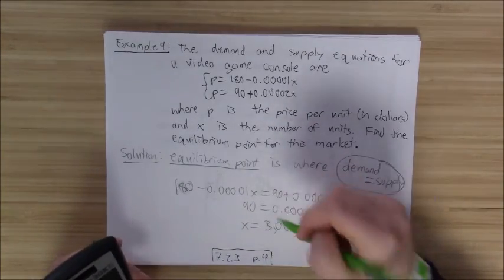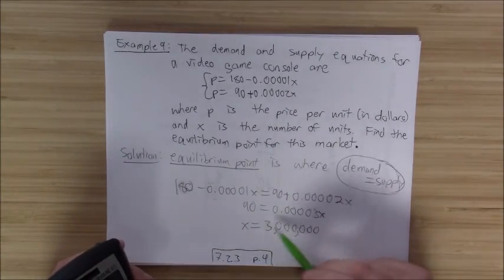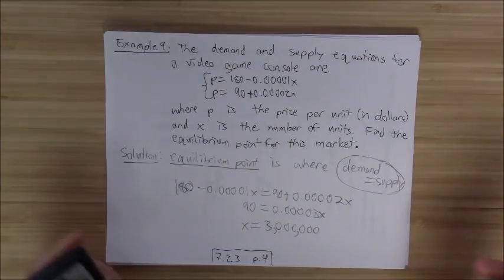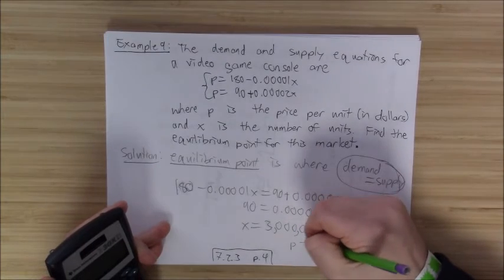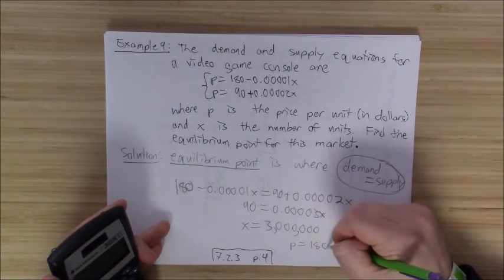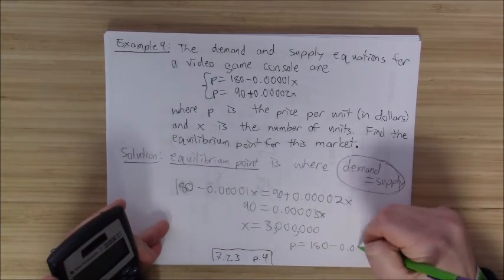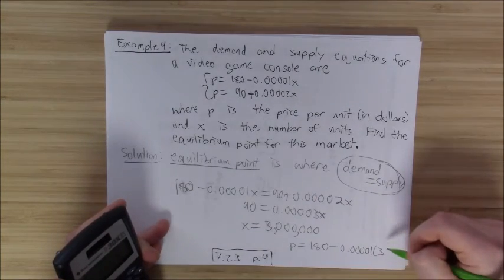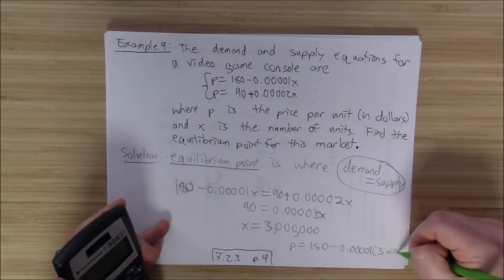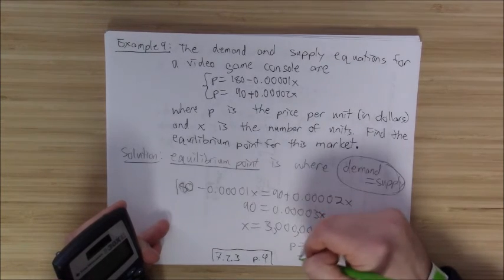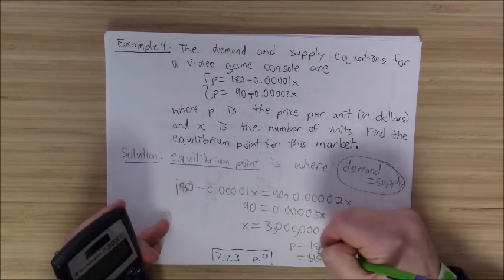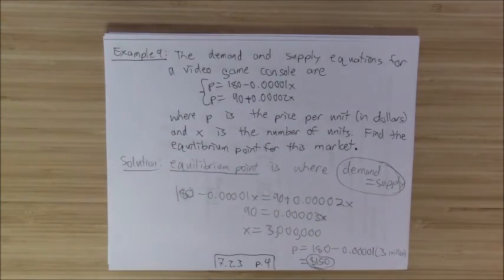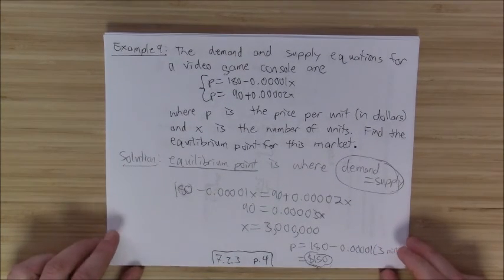Either way, what are numbers anyways? Anyway, you end up with 3x equals 3 million. If you substitute that back into P, using the first equation, you'd have 180 minus 0.00001 times 3 million. If you actually calculate that out, you'll get $150 at the equilibrium point. So that's the perfect equilibrium price.